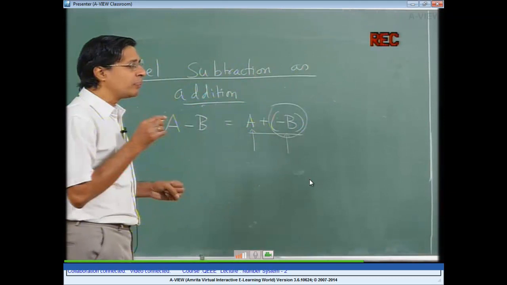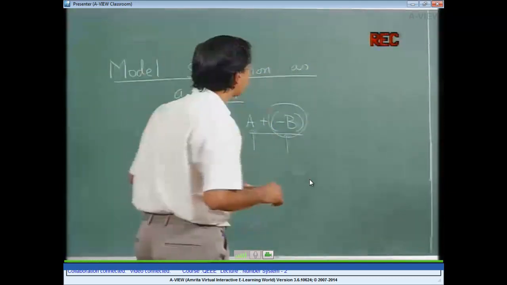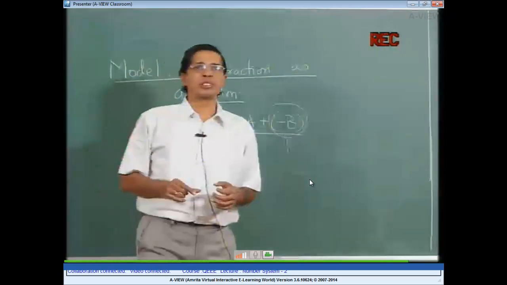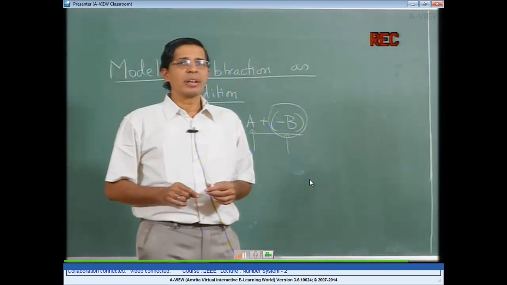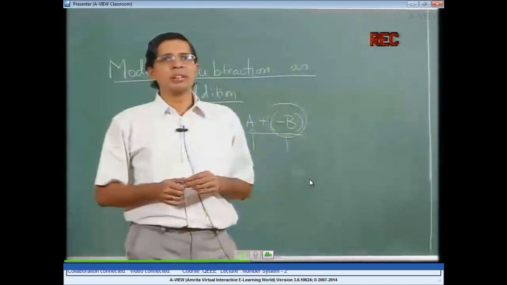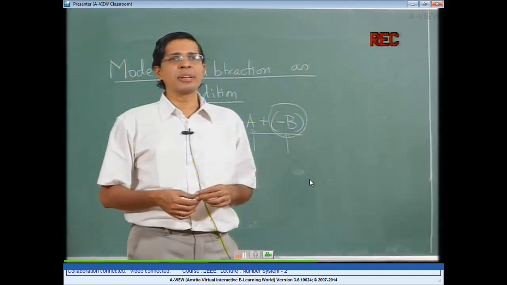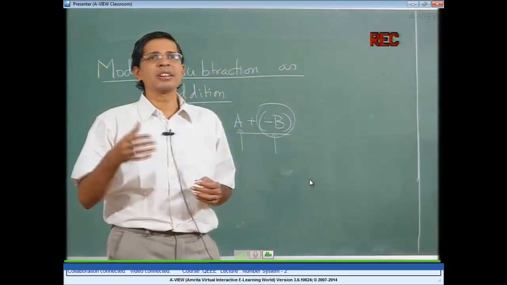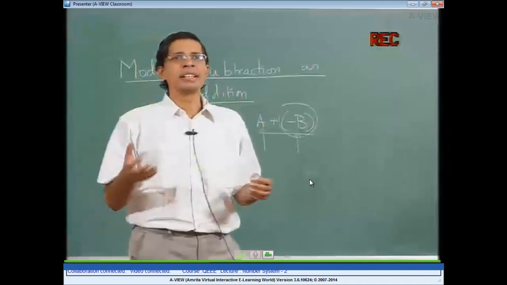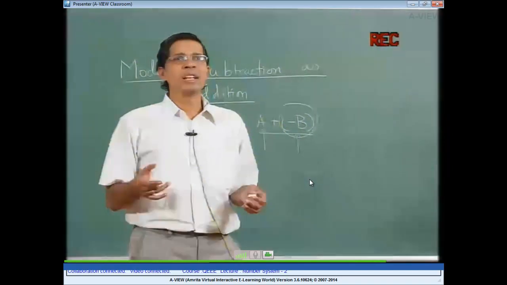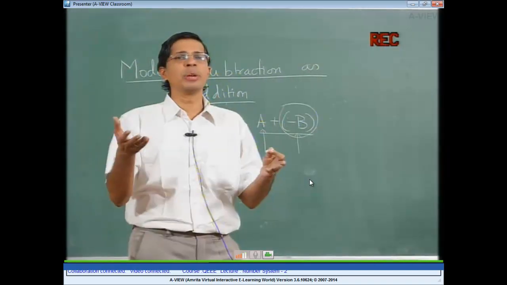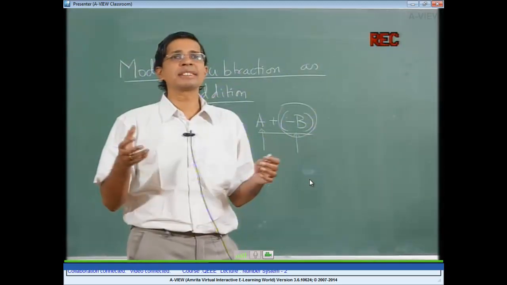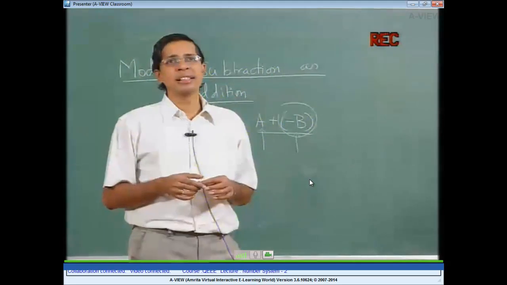So one of the important things that we will be learning today is how we perform the operation of subtraction as addition. The necessity comes from the hardware, as I will repeat again, because there is nothing called a subtractor, everything is addition, and this adder will look at whatever two numbers we give it as unsigned numbers and perform the addition.